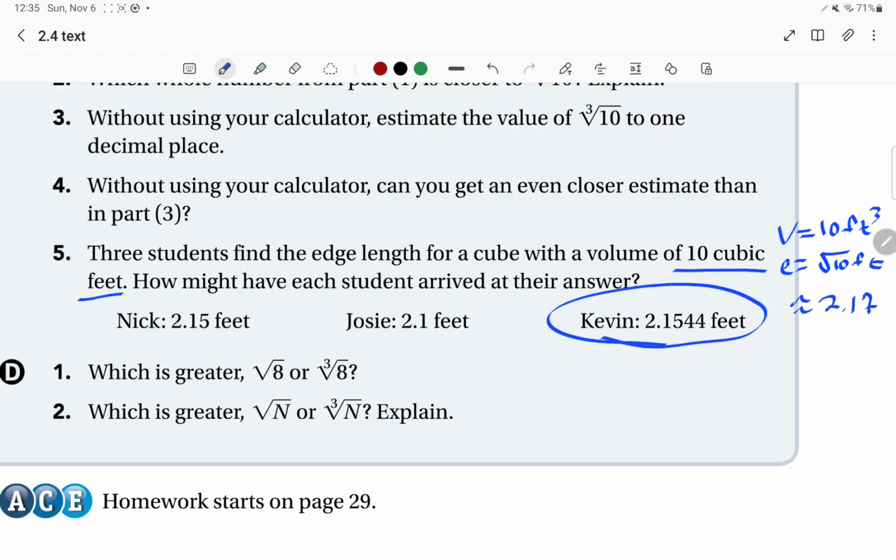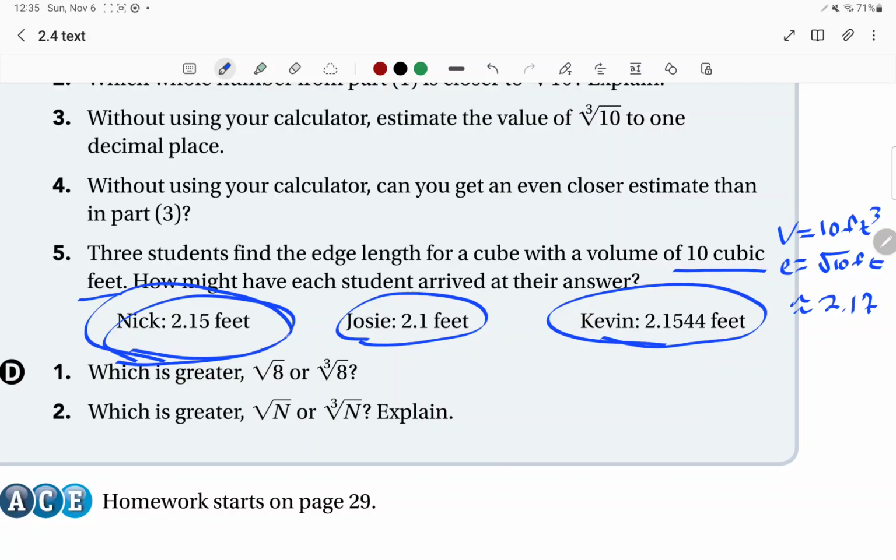It keeps going, right? So Kevin used a calculator. Josie, however, this middle person right here, estimated like what we did. And then Nick was probably like, hey, it's somewhere between 2.1 and 2.2. I'm not really sure, so I'm going to say 2.15. So somewhere in the middle, and that's why they put 2.15, because they weren't sure 2.1 or 2.2, so they went in the middle there.